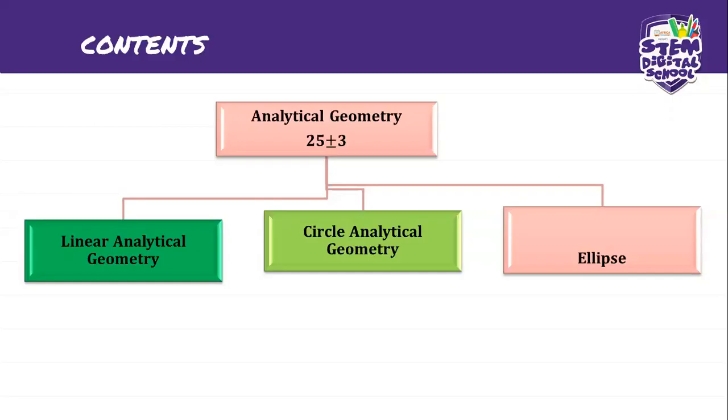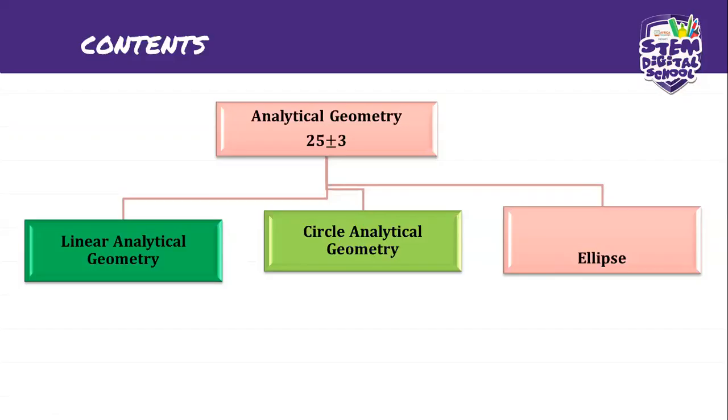All right, now under analytical geometry, we have subtopics that we need to look into. The first one is linear analytical geometry. The second one is circle analytical geometry. And the last one is ellipse, right? All those topics fall under analytical geometry.